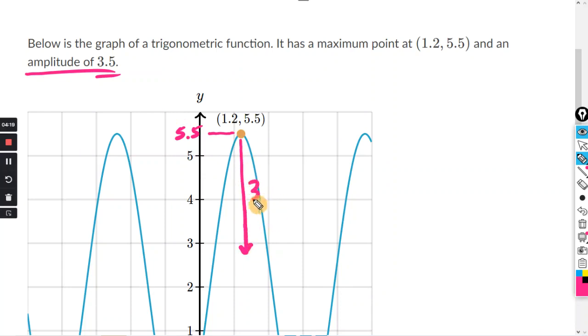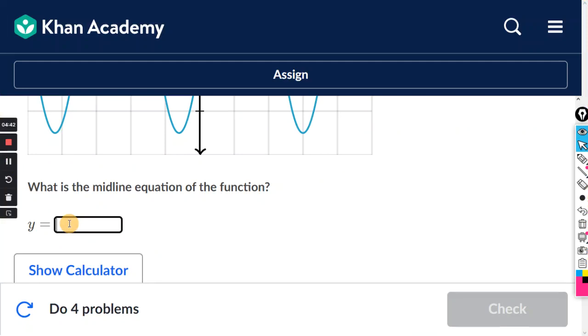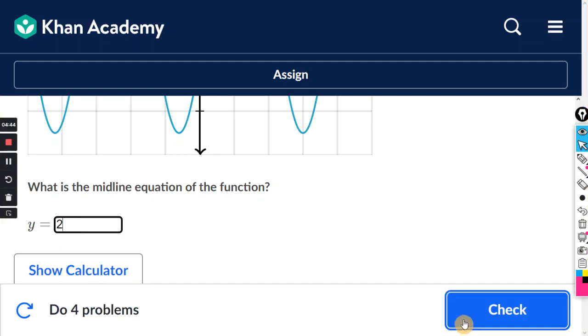We said the amplitude is halfway between the max and the min, so if we subtract 3.5 from the maximum, 5.5 minus 3.5 equals 2. Same answer either way. So y equals 2.